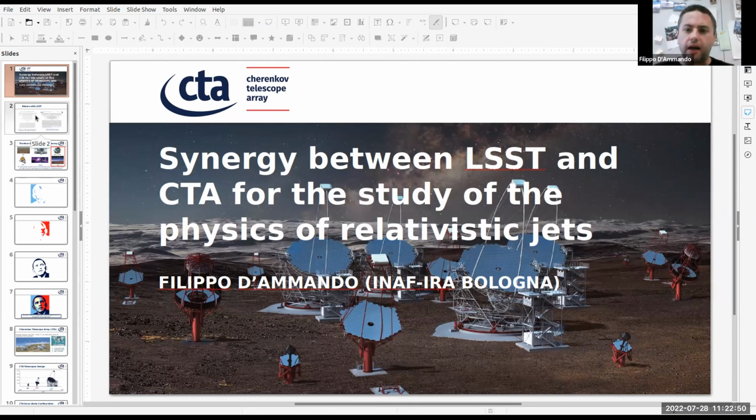So this time I will try to present a first exercise that we have already done for the CTA Observatory. What can be the synergy between LSST and the CTA for the study of the physics of relativistic jets? This is something that probably will be done and should be done for other facilities.